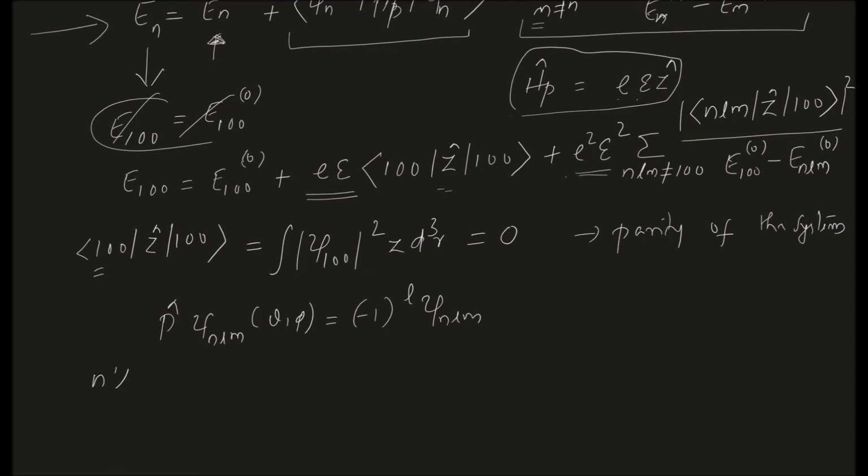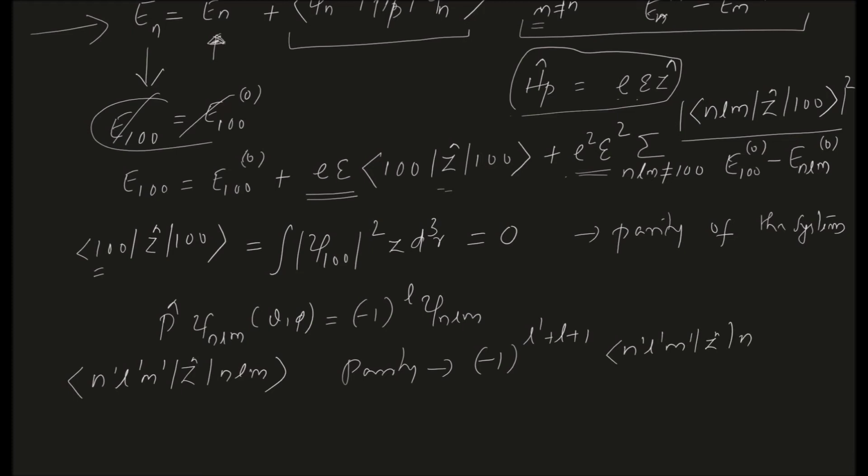Now for the matrix element <n' l' m'| z |n l m>, the parity is given by (-1)^(l' + l + 1) times <n' l' m'| z |n l m>.